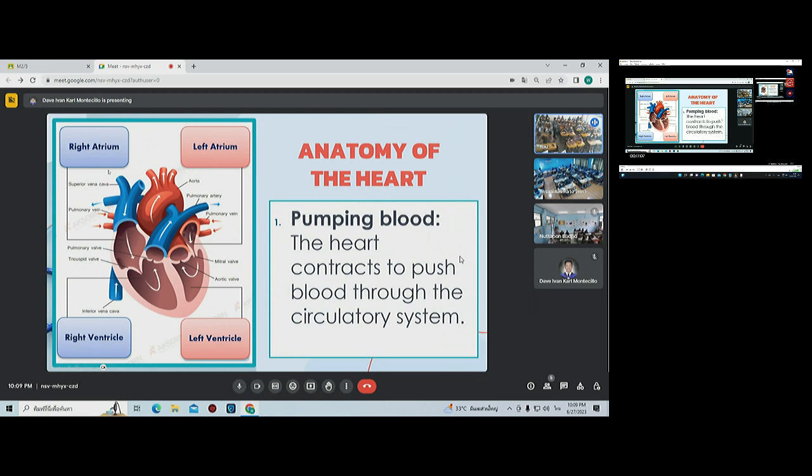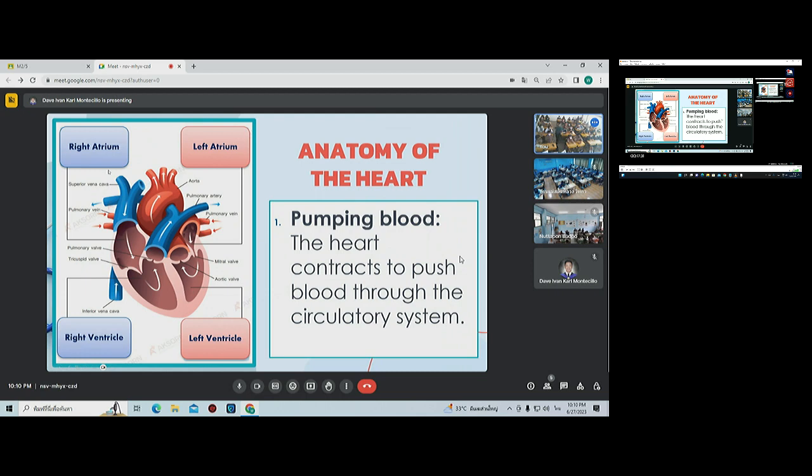Okay, very good. Clap our hands. How about this one? The small blue blood vessel. The small, we have? Pulmonary artery. Okay, very good. This is the pulmonary artery. I cannot clap my hands, okay? Here, this big red blood vessel.